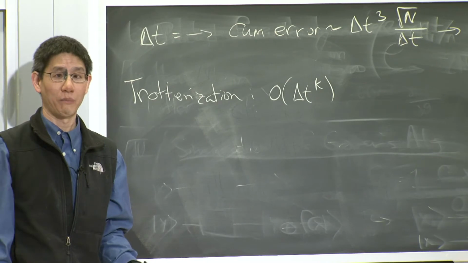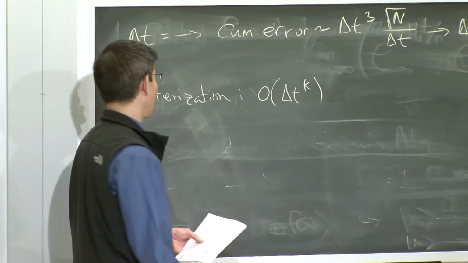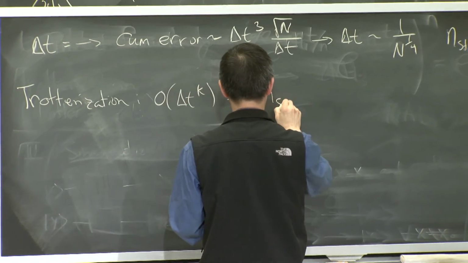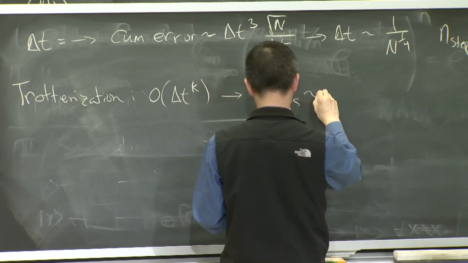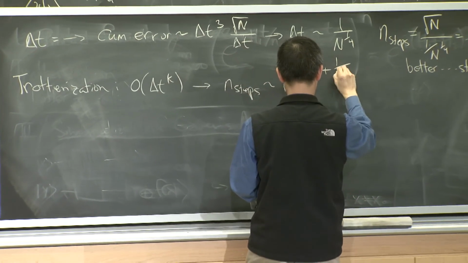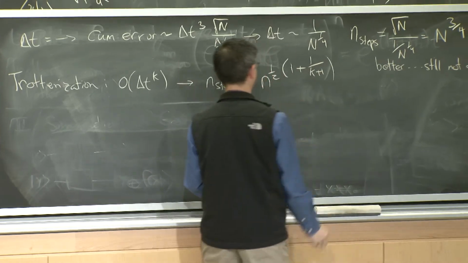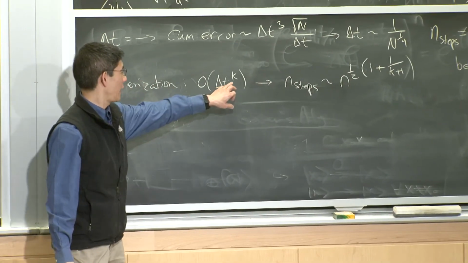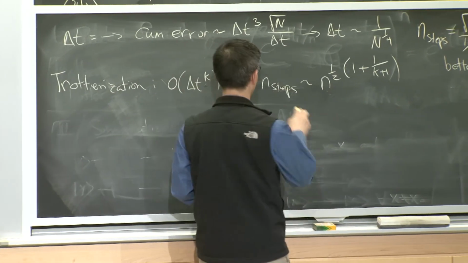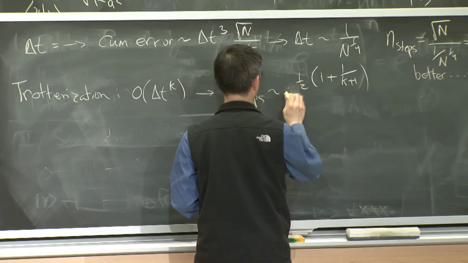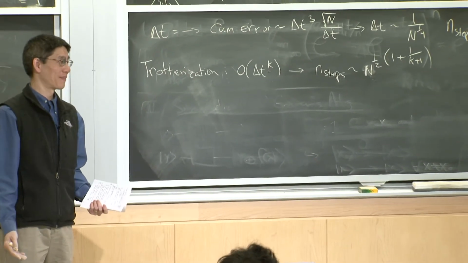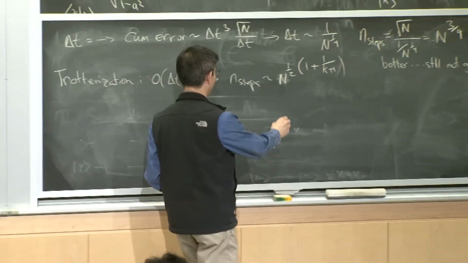You can pull it out of your bag. Such things are known. And then this, you would find, gives you a number of steps, which goes as N to the 1/2 times 1 plus 1 over k plus 1. So that asymptotically, as k gets large, you recover this square root. This is capital N here. The square root of N that you expect for Grover's algorithm. Okay, so that is kind of nice.